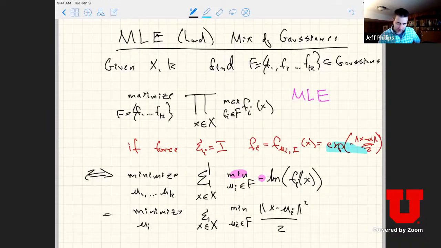And this is exactly the k-means objective. Okay, so I've recovered the k-means objective from the statistical point of view.